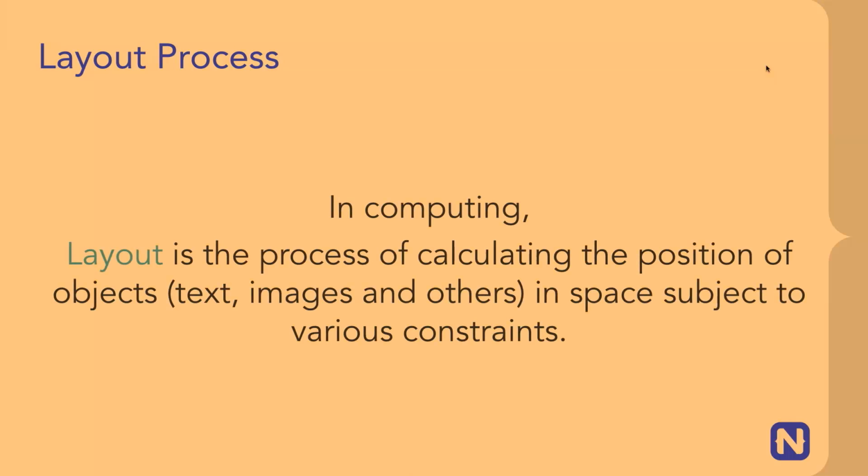In computing, for example, layout is the process of calculating the positions of different objects. We can also take, for example, a Word document where we have text, images, and other objects. How we see them, their arrangement, is what we call layout, right?